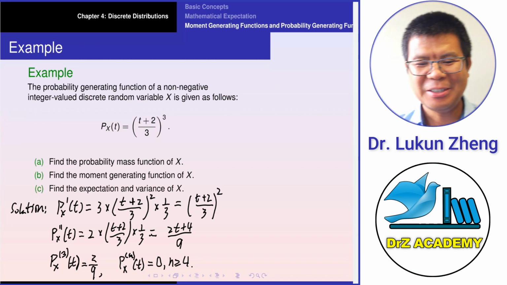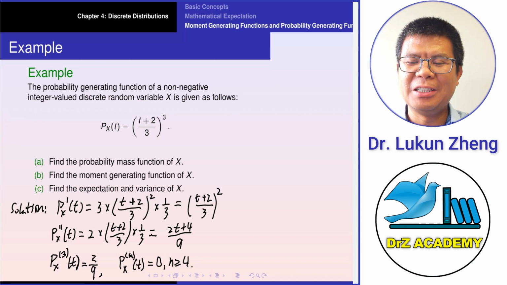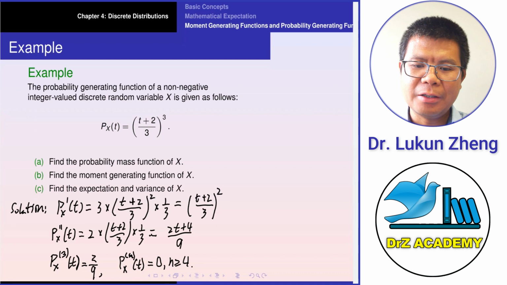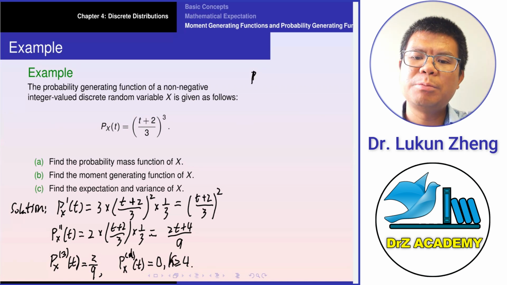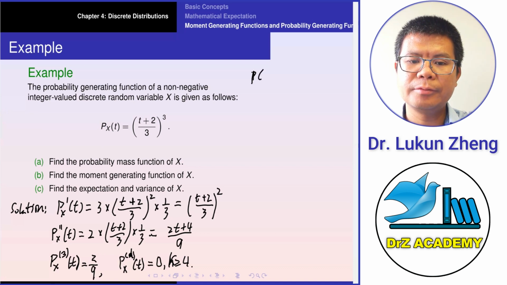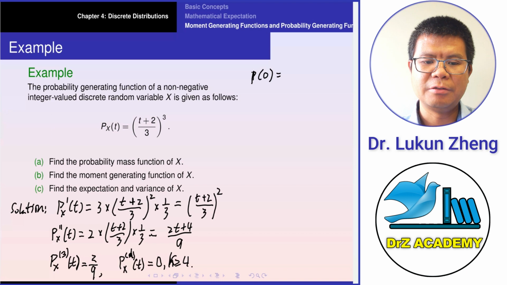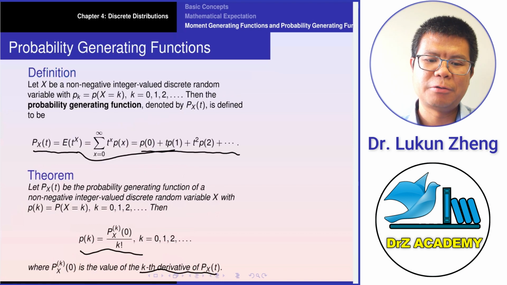So now it's therefore what? P of k, let's use k instead. Therefore P of 0 equals, that's just P_X of 0, since 0 factorial is 1.